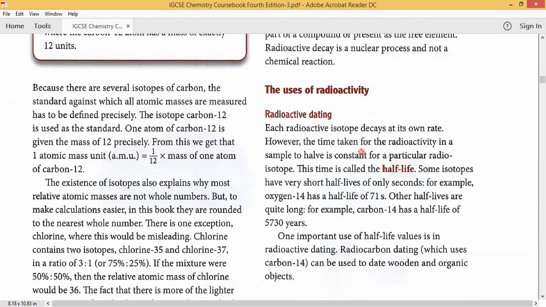Radioactive dating is a way that we can find the age of organic objects. It can be the remains of humans or animals or even wood or stones. Those stones are not exactly considered organic objects, but they can still be dated. That's how we are capable of telling our children that dinosaurs were once a part of this earth.